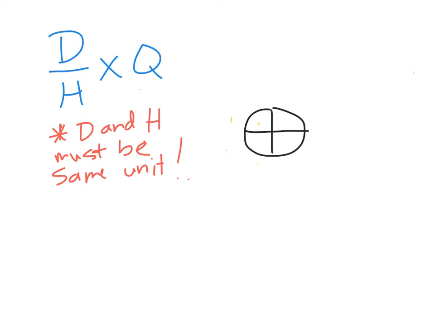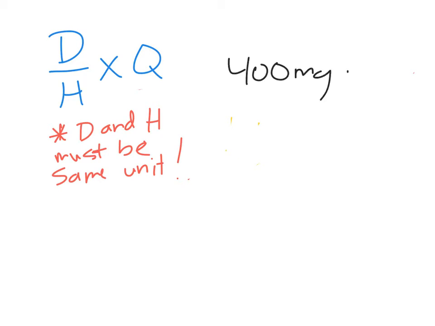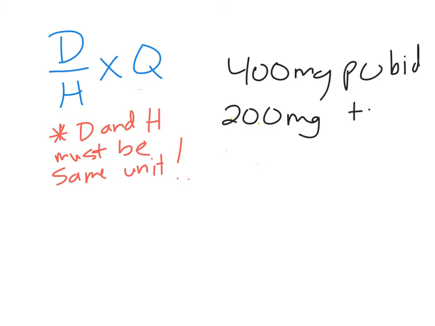Looking at number one, we've ordered 400 milligrams by mouth, BID. It looks like that medication comes in 200 milligram unscored tablets. It's telling us it's unscored because we're not going to be able to cut these in half, so we shouldn't get 0.5 as our answer, and we don't.